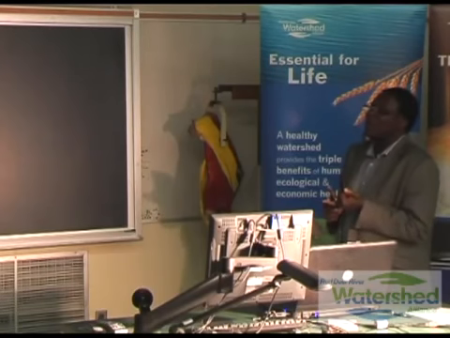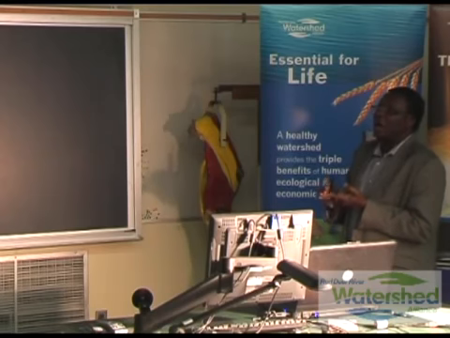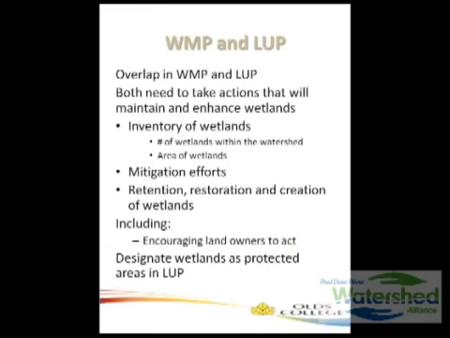What wetlands you have, what quantity, what type of wetlands, where are they, how much land area, all those are important. There is also a need in both the WMP as well as the LUP for mitigation efforts.